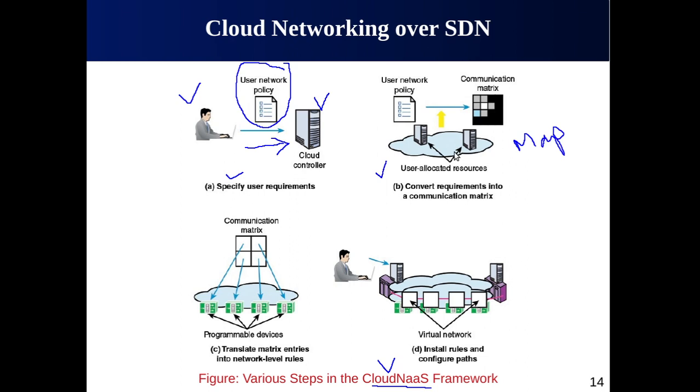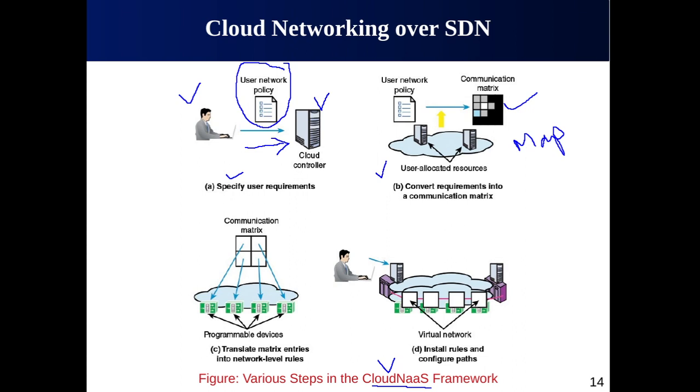The cloud controller maps the network policies entered by the user into a communication matrix. This matrix defines the desired communication patterns and network services. You can say now the policies are converted into a language that is understandable by the devices.